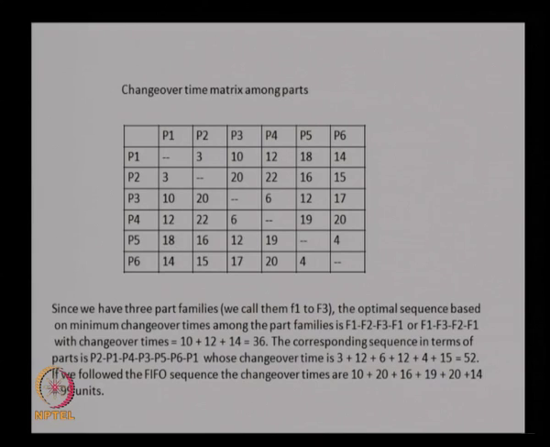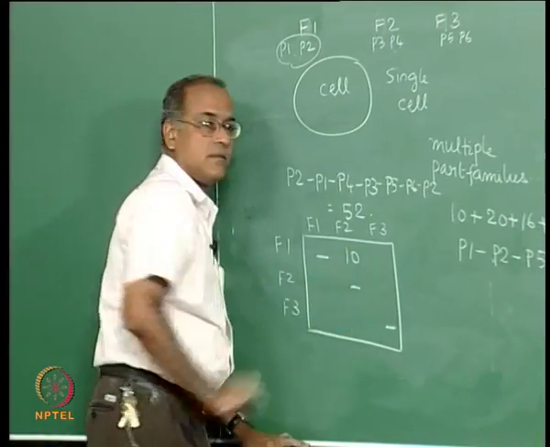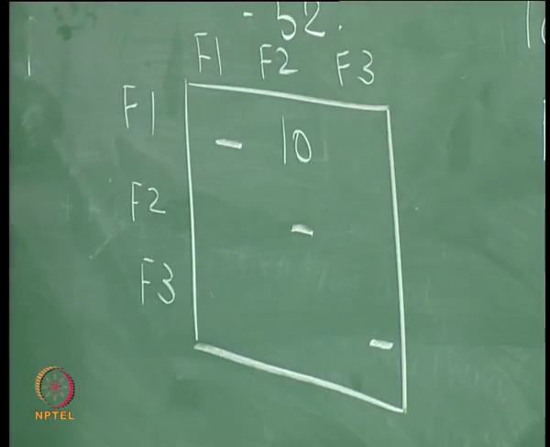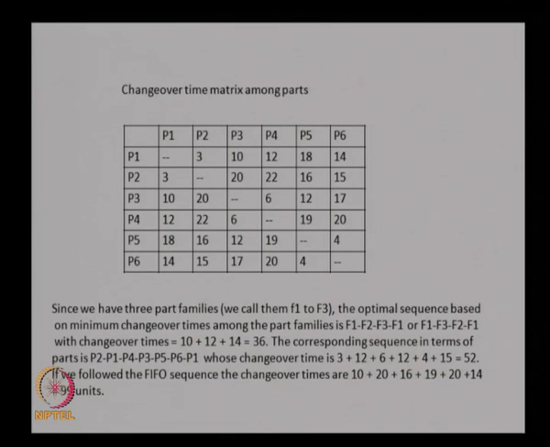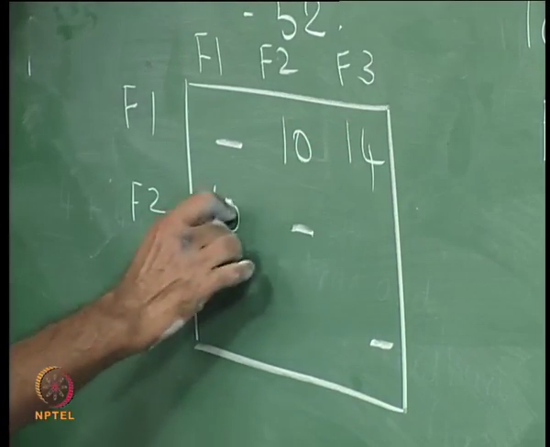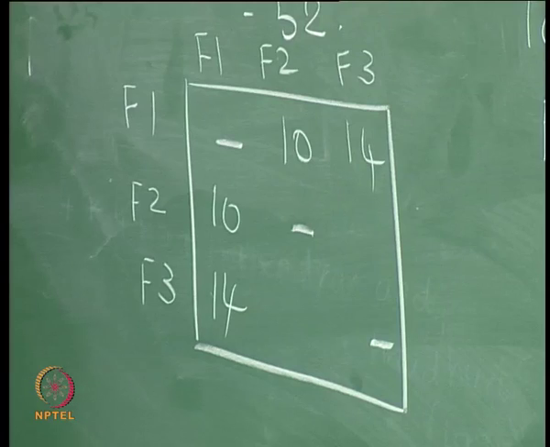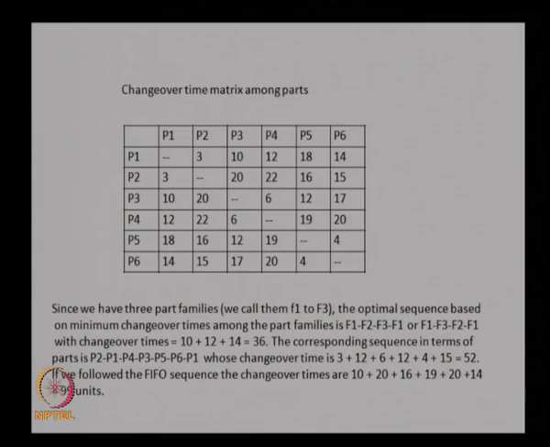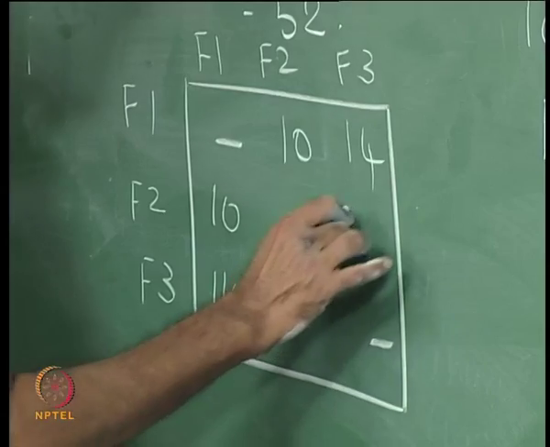So, if we look at the P1, P2 data and P3, P4 data, the minimum changeover that we can think of is between 1 and 3, which could be 10. Now, we look at F1 and F3. Looking at the data between P1, P2 and P5, P6, we realize that there is a 14. So, there is a 10, there is a 14. Now, F2, F3 would give us, between P3, P4 and P5, P6, a 12.